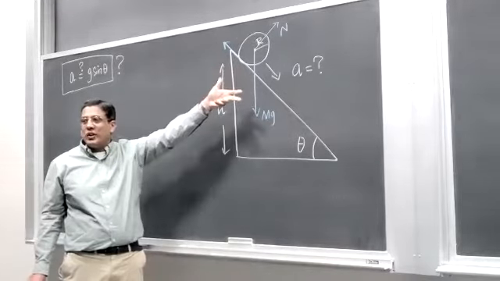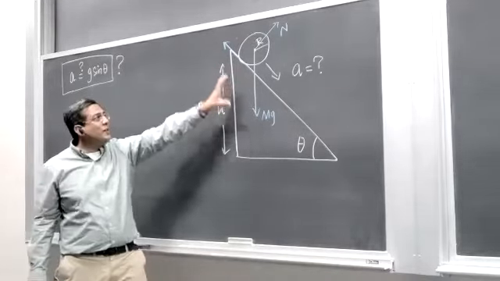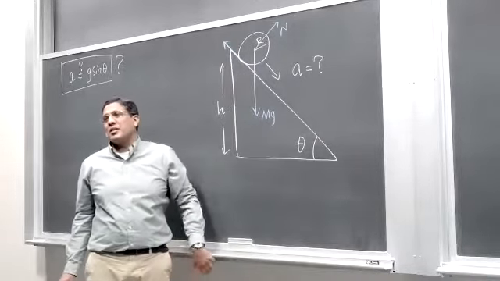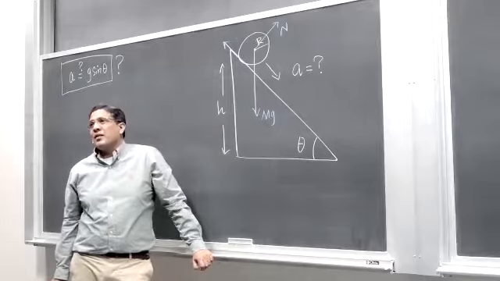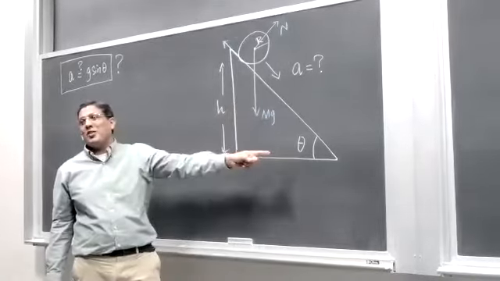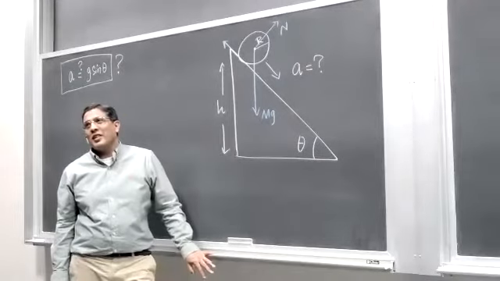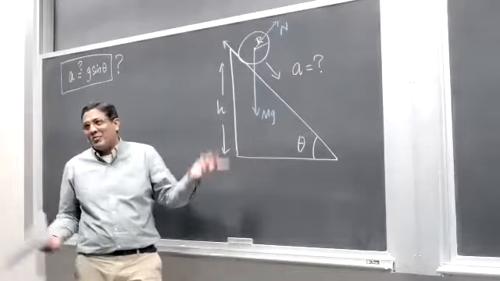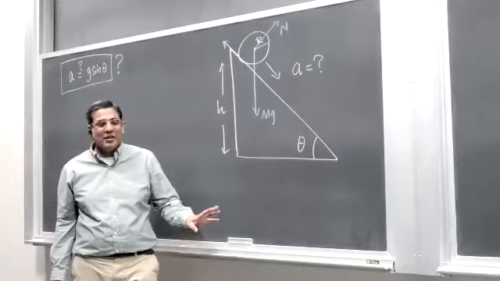It's not initially rolling. Omega naught is 0. We place the cylinder here, there is no friction, and we release it. What happens then? It'll just slide down. It won't roll. It would just slip down. Then all the equations that you have for a block sliding down, you can just treat it like that. Very simple.